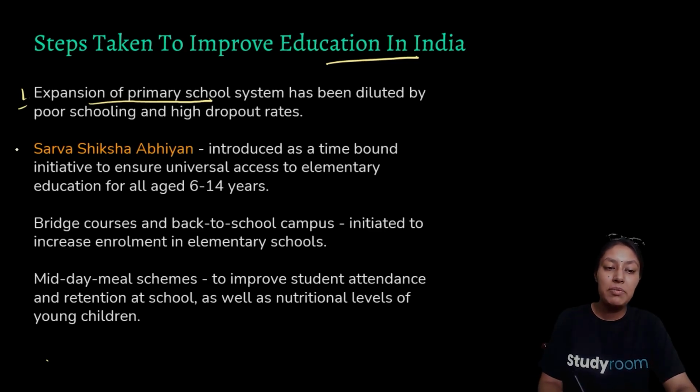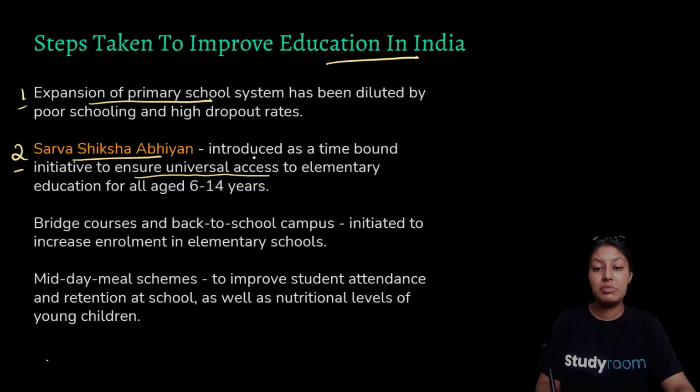Second point here is Sarva Shiksha Abhiyan. It is an initiative, a project that is being taken to ensure universal access. Universal access means every kid who is coming from any kind of social background, any kind of financial background or religious background should be allowed to study, should be ensured to study, be it from any gender.